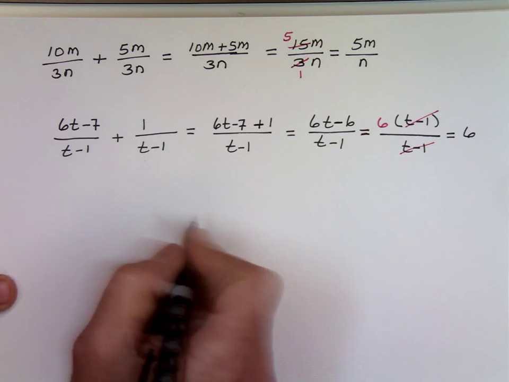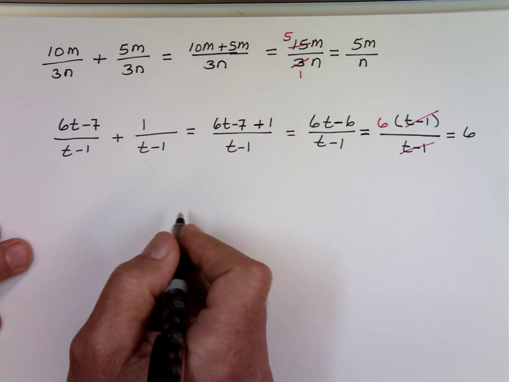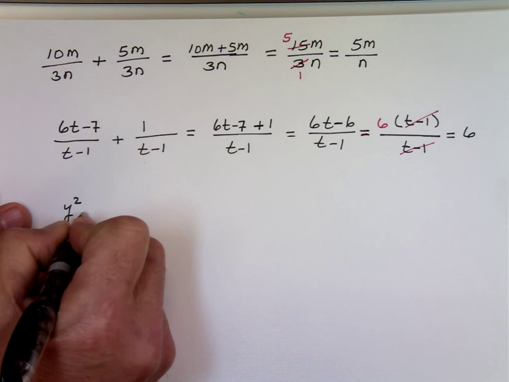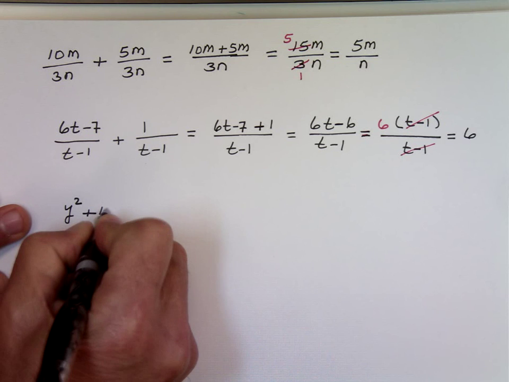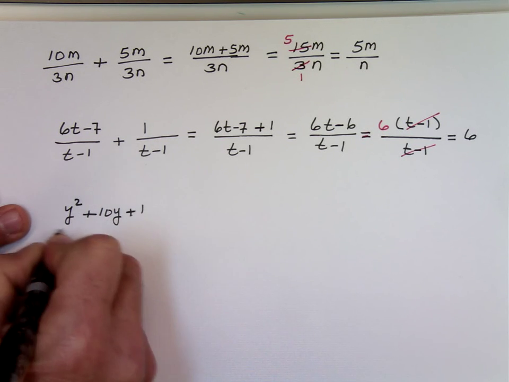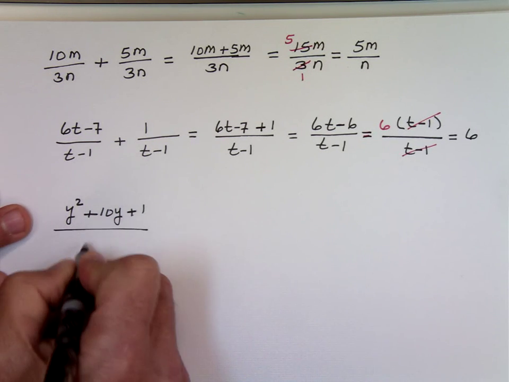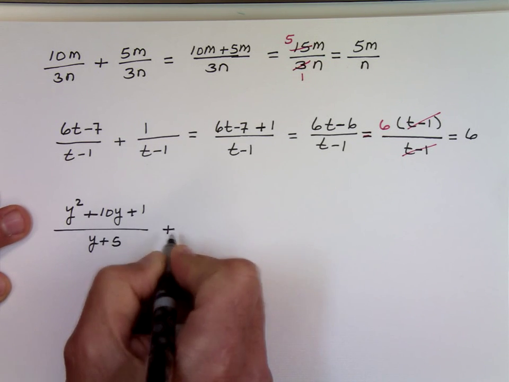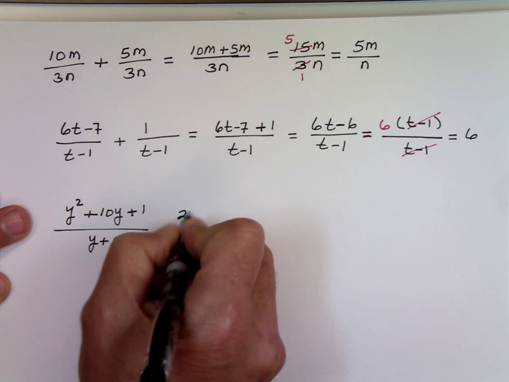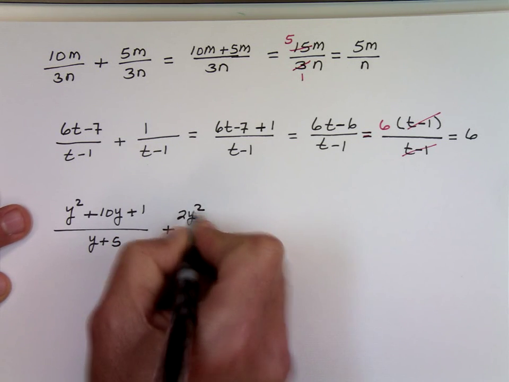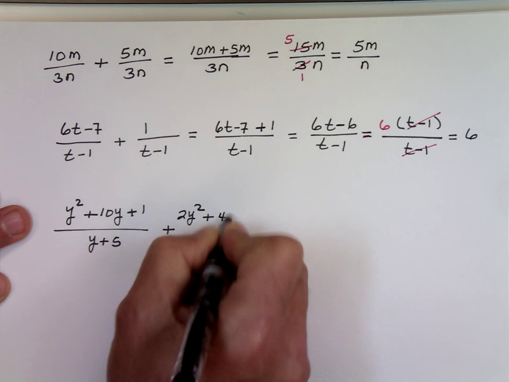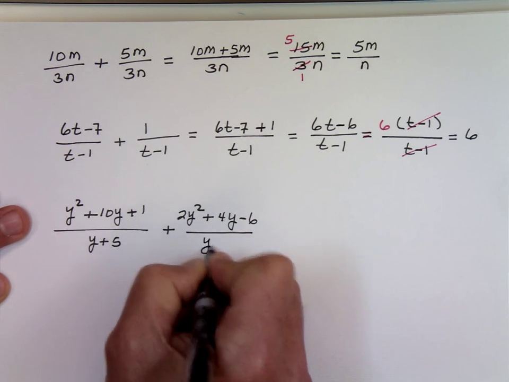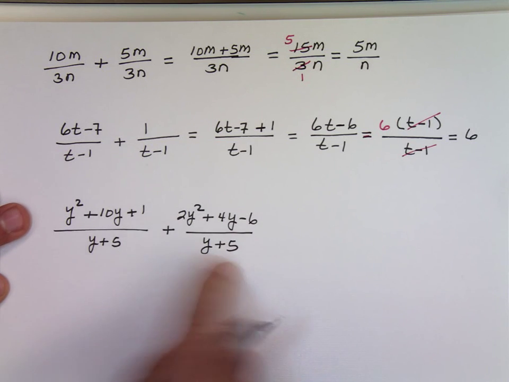Let me try a bigger one. y squared plus 10y plus 1 over y plus 5. I'm going to add to it 2y squared plus 4y minus 6 over y plus 5. All of these, again, you have the same denominator.